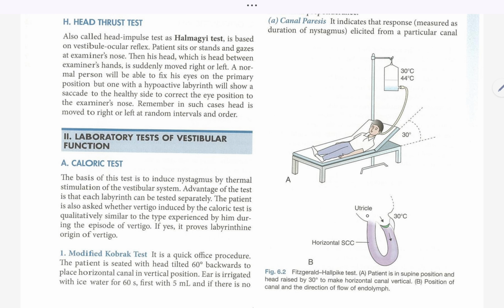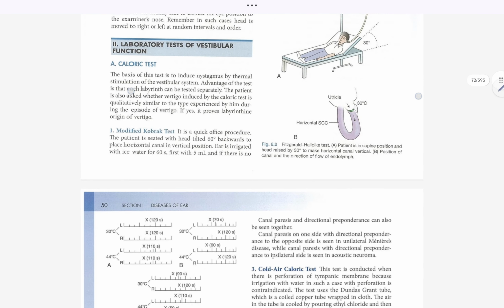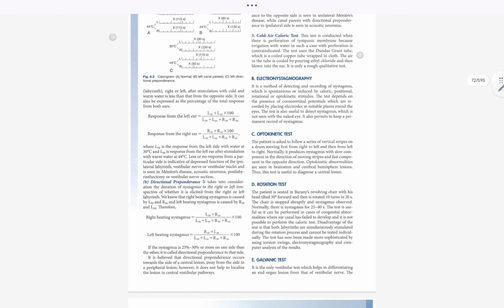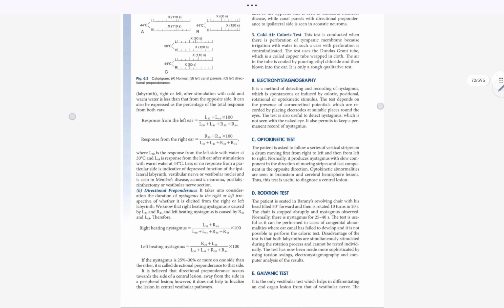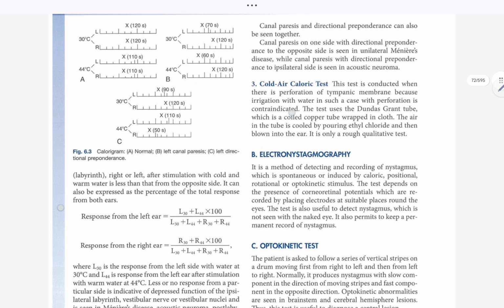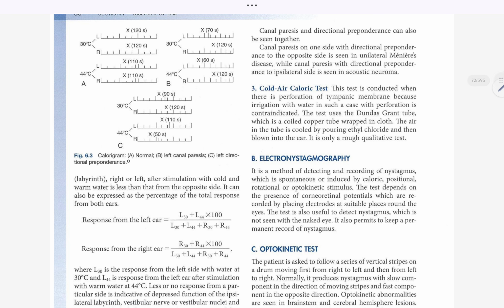Horizontal canal, utricle, 30 degrees. Calorigram: normal, A. B. Left canal paresis. C. Left directional preponderance.